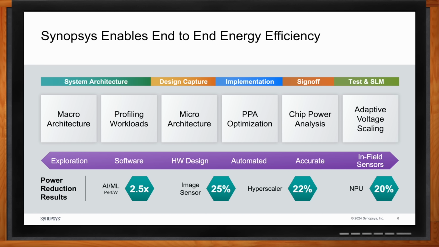They were able to understand what the software behavior was from the power perspective. They were able to optimize their hardware architecture. They were even able to improve their compiler that they use to compile the software into the executable.